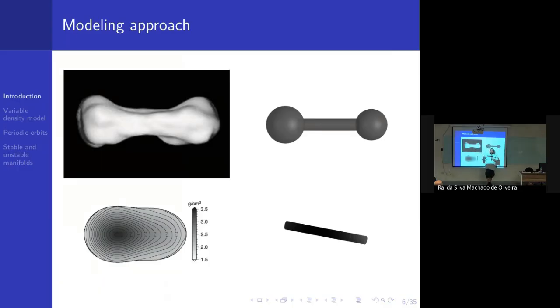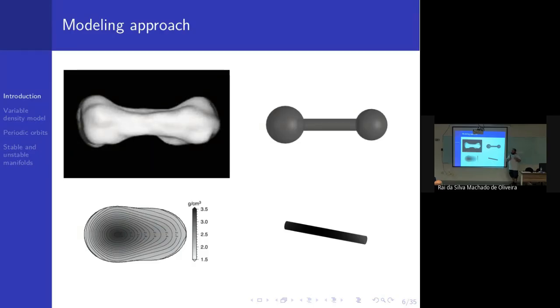So we can simplify the asteroid as a segment with two point masses at the ends, right? So this is after looking at the geometry of the asteroid. And this model is called the dipole segment model, okay? Because it has a segment, and these two points are called poles.